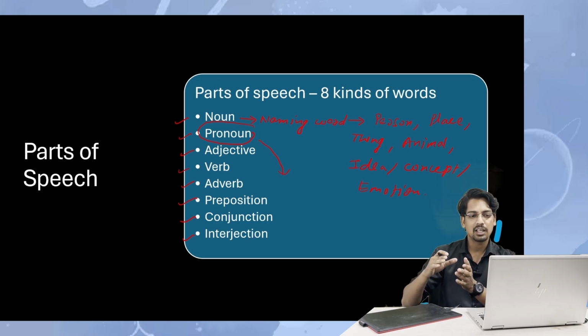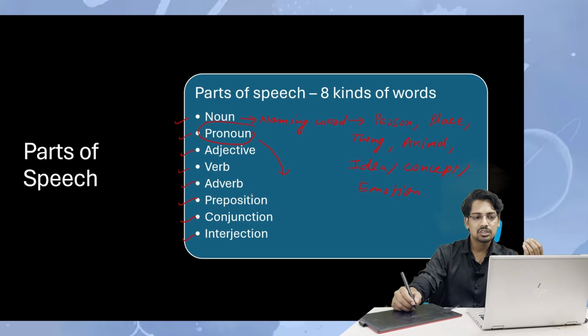He is doing something. He goes there. His favorite color is this. So you do not use the noun over and over again. For stopping the repetition of the noun in the same sentence or speech, that's called the pronoun. That means pronoun is a replacing word for noun.